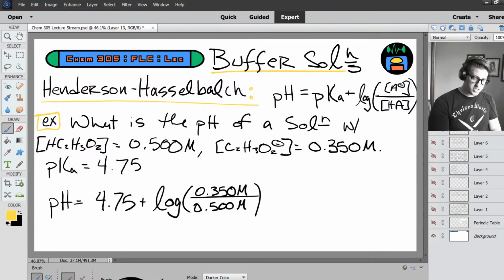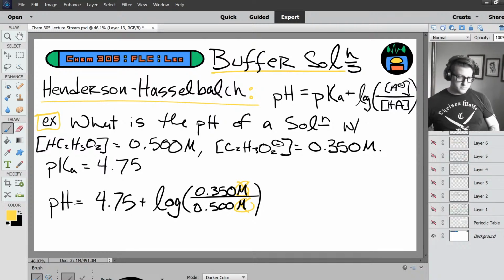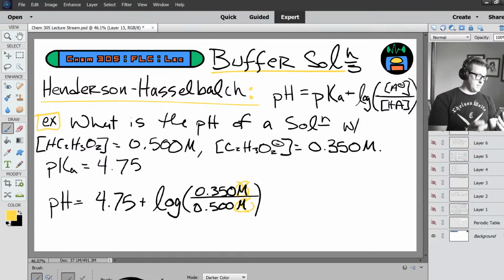Molarity cancels, which is good. So we take 0.35 divided by 0.5, and now we have to do the logarithm.